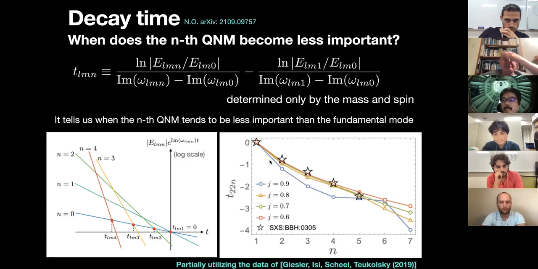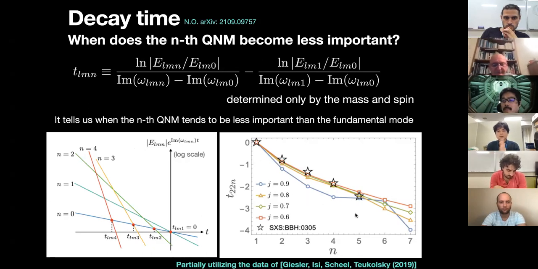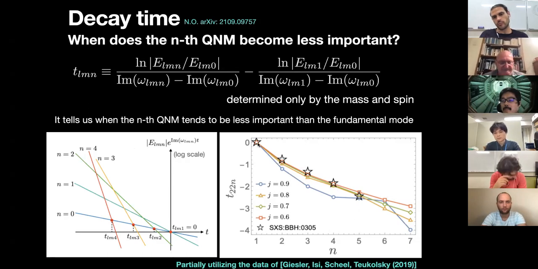Anyway, I computed the decay time for various spin parameters like this. The star markers are computed slightly differently from this definition. In the previous work, they obtained the amplitude for each quasi-normal mode by using fitting data analysis.